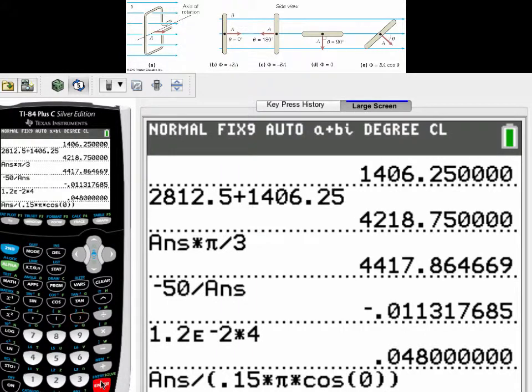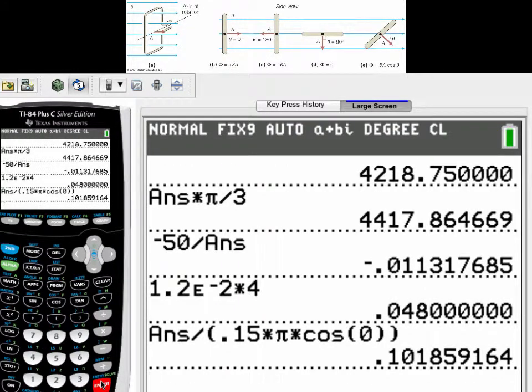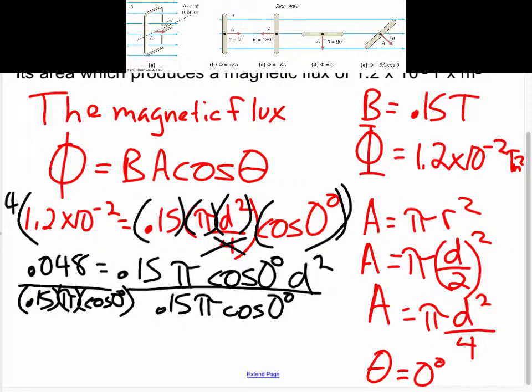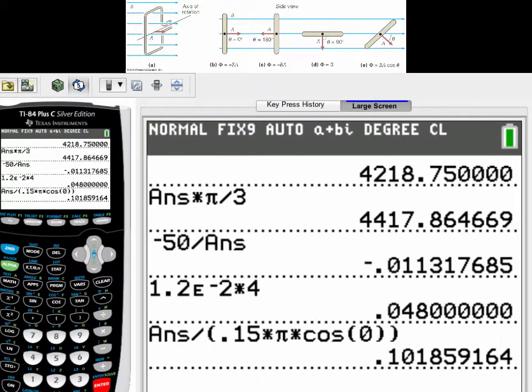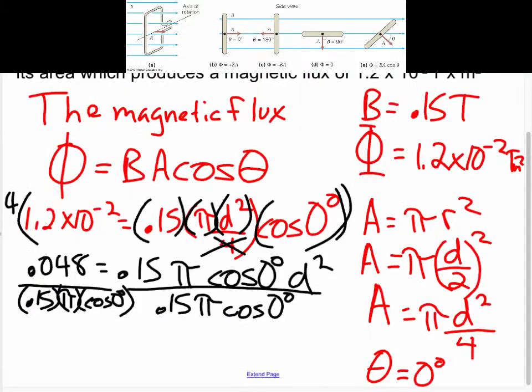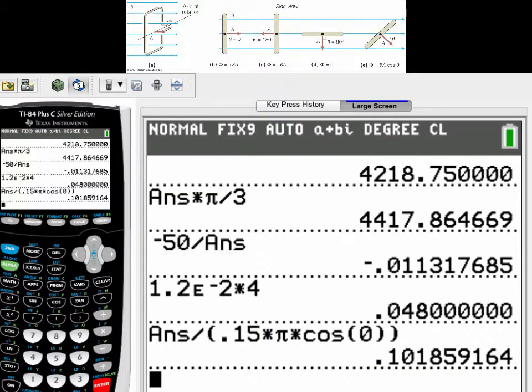And if I hit enter, I get 0.10185 something. We'll round it off to 0.1019.